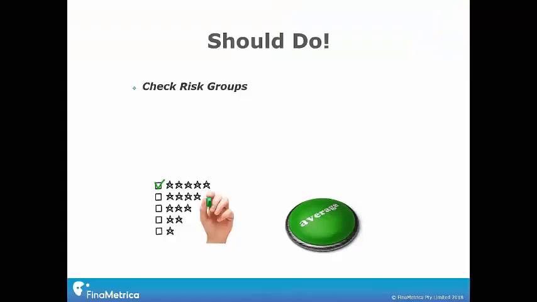Now we'll move on to things that you should do. First, you'll want to start by checking the risk groups. On average, male clients are at the high end of risk group 4 and females at the lower end of risk group 4. Where a client is more than 2 risk groups away from these averages, they are considered outliers, and this should be discussed.